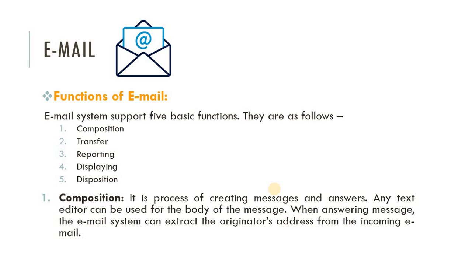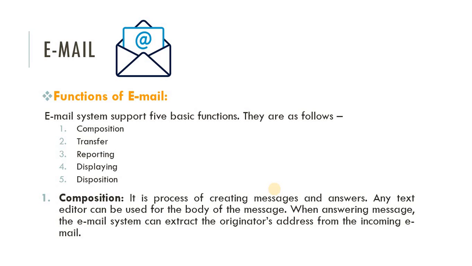If I want to create a new mail in Gmail, then I click on that plus button or that compose button. By clicking on that, it calls the compose function. The compose function already contains the originator's email address.